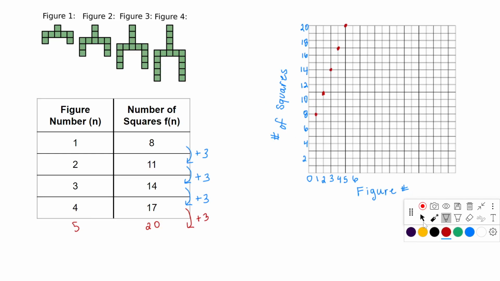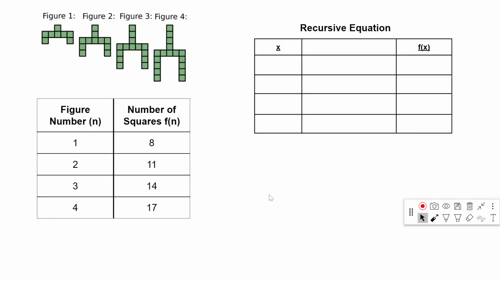Let's take a look at writing some equations now. For the recursive equation, I'm going to use 1, 2, and 3, and the values are 8, 11, and 14.